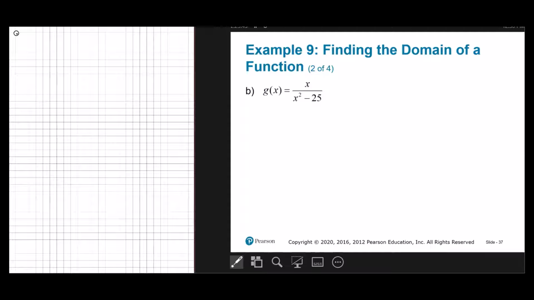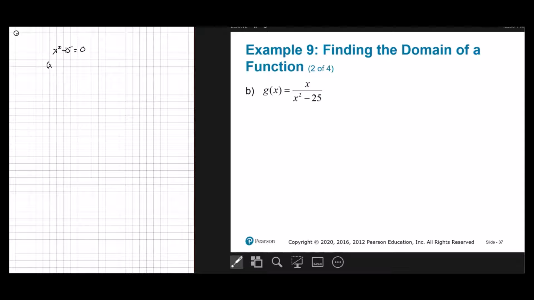Now this one, we have to look to see what makes my denominator 0, because we can't divide by 0. So we look at where x squared minus 25 equals 0. There are two different ways of solving this. The more traditional way is looking at this as the difference of two squares.